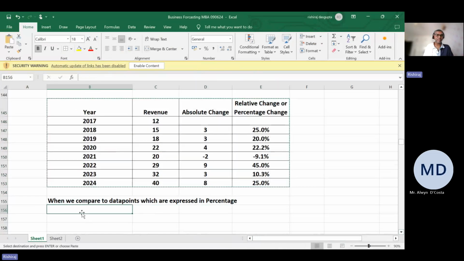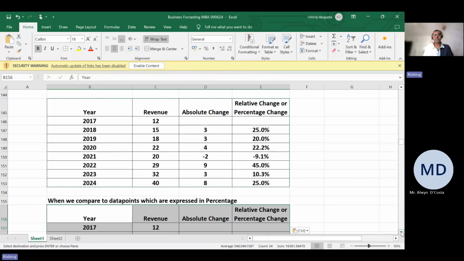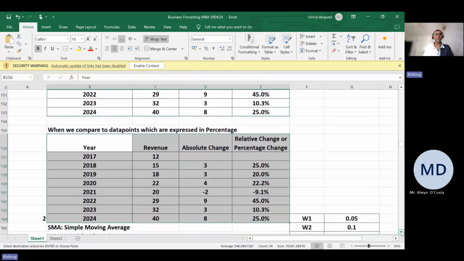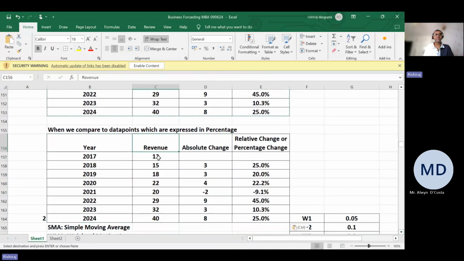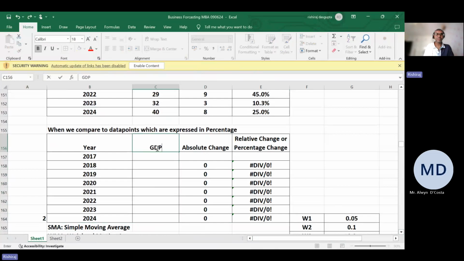We need to be really careful on that. Suppose this is our GDP growth figure in India. Let me check.